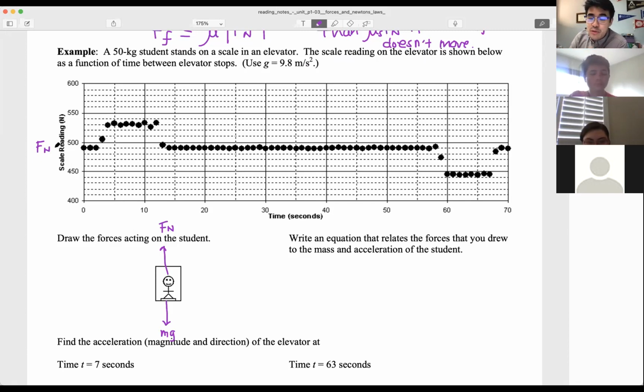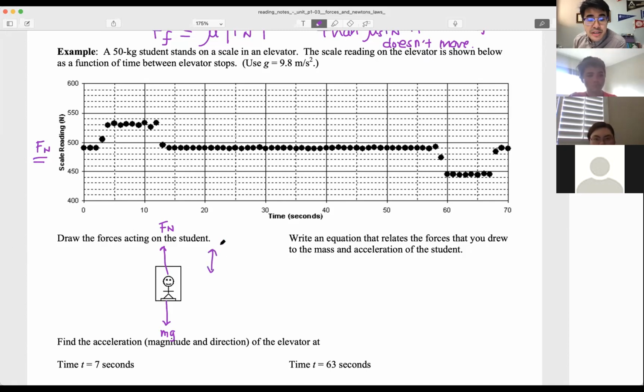So it's measuring the normal force. mg is always going to be a constant value on Earth. You're always going to have the same weight. If you weigh 100 kilograms and you weigh 980 newtons, mg will always stay the same. But when you're going up and down in an elevator, the normal force will differ depending on which direction you're going. So this scale reading is the same as Fn.